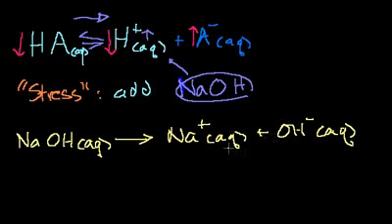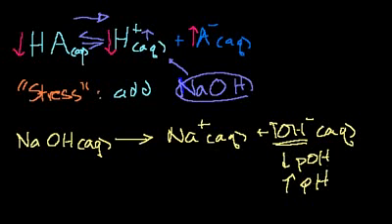And so all of a sudden you would immediately increase the quantity of OHs by the number of moles of sodium hydroxide you're adding, and you'd immediately increase the pH, right? Remember, when you increase the amount of OH, you decrease the pOH, because it's the negative log. So if you increase OH, you're decreasing pOH, and you're increasing pH.